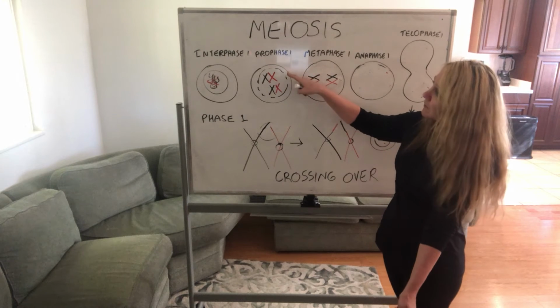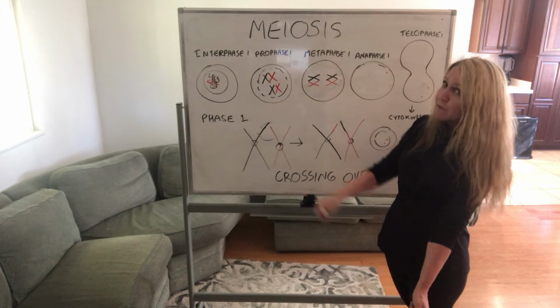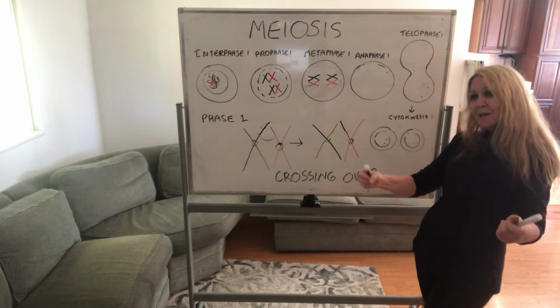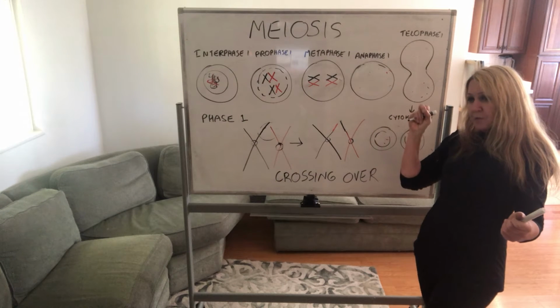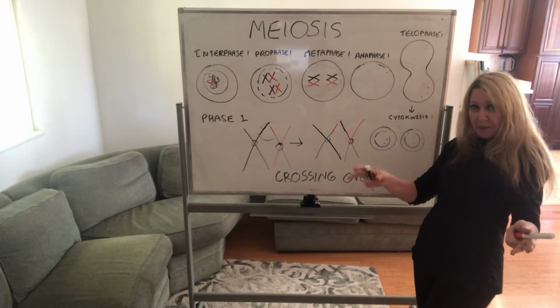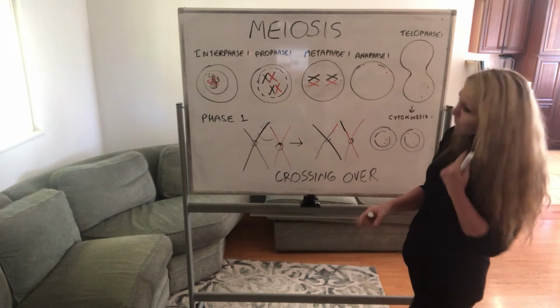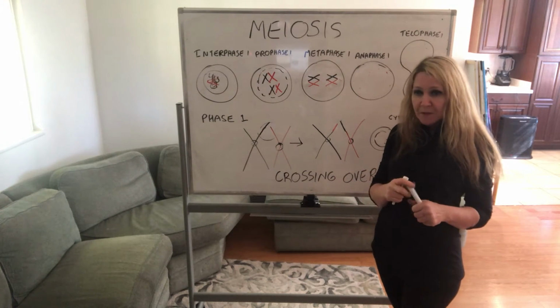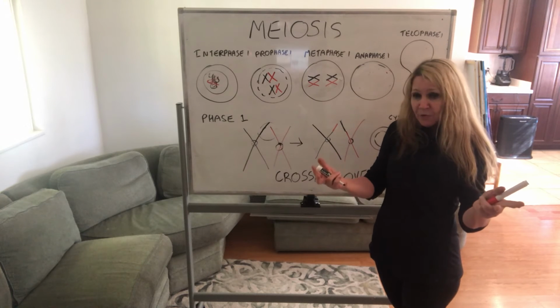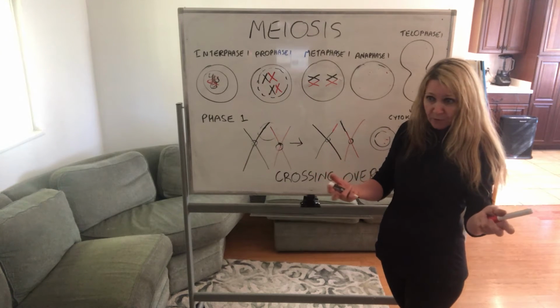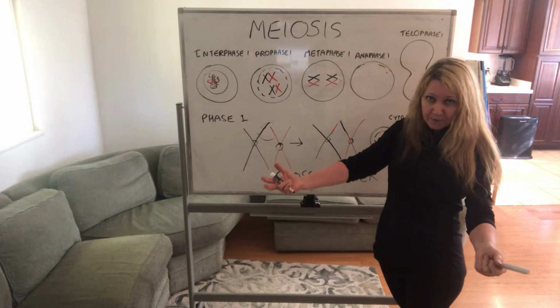One of these came from mother, one came from father, but they contain genes for the same trait, not exactly the same genes. Remember, a trait is a characteristic that is inherited. In other words, it's passed on from your parents.